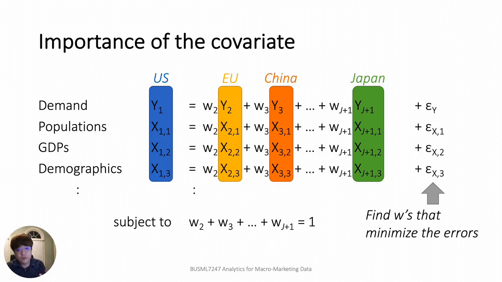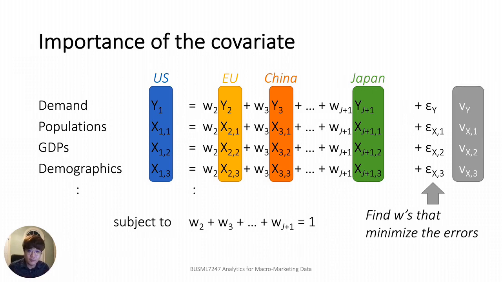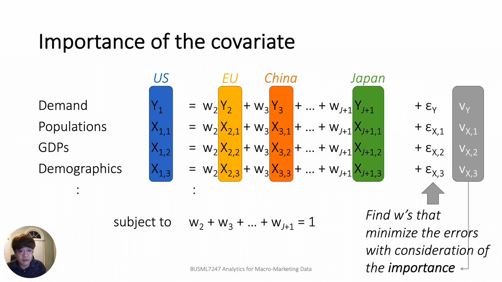But all covariates are not equally considered in the estimation of the weights. For each of the covariates and the outcome variable, an importance factor exists, that is, V. With consideration of the importance, the synthetic control method finds the weights.